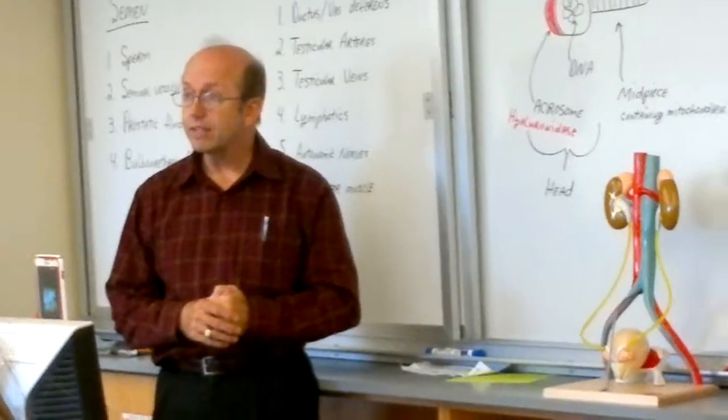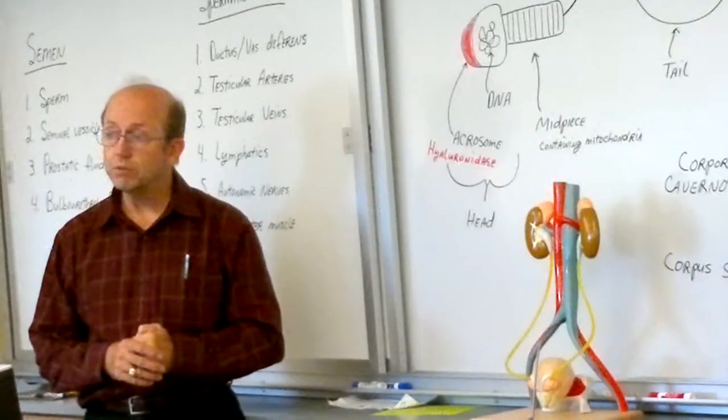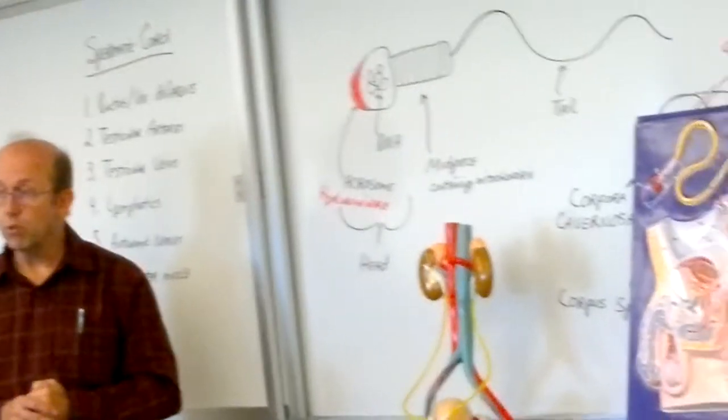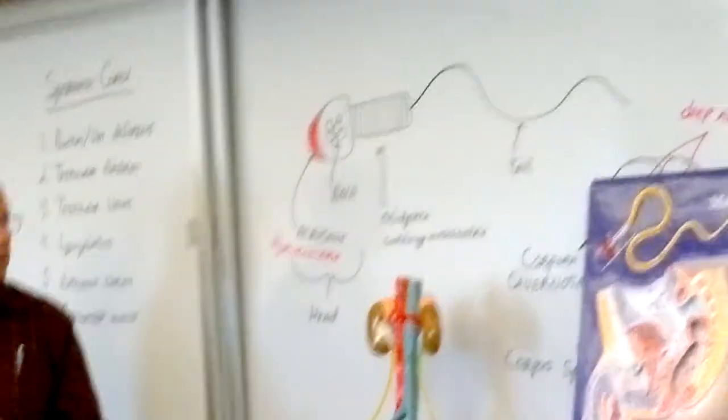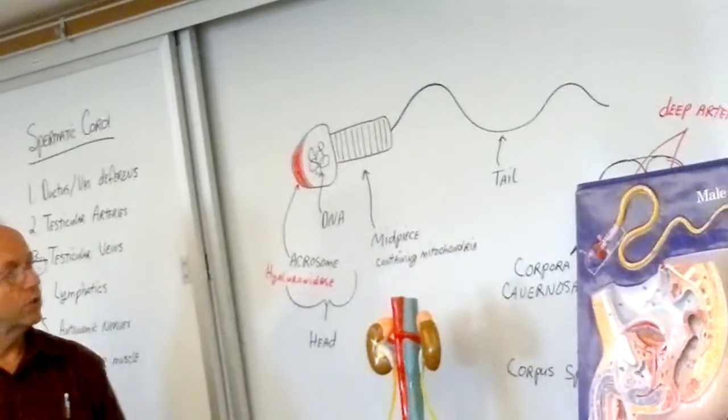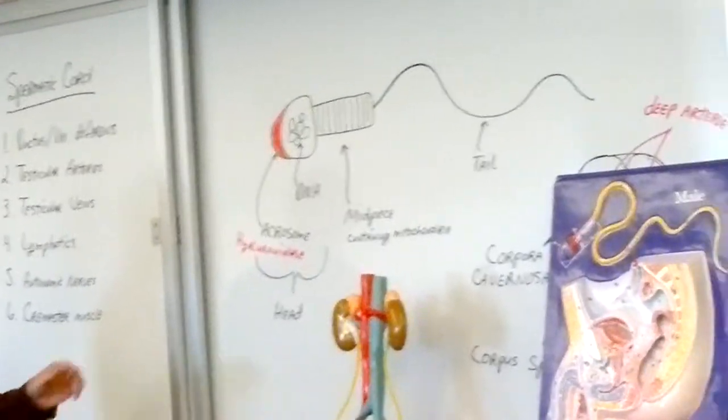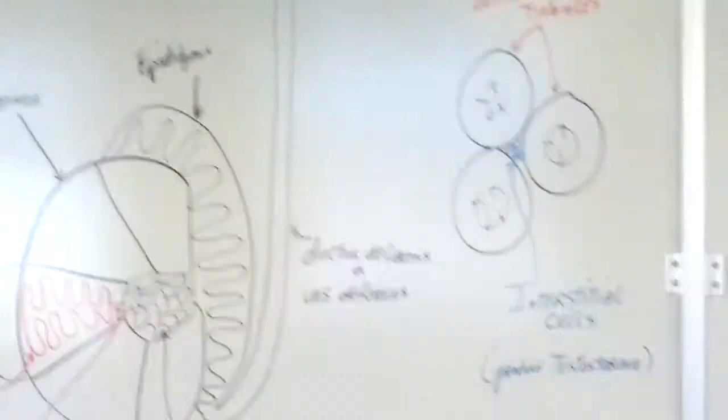That's how it fertilizes the egg. Once it gets through, the membrane pops up and no more sperm can get through. The enzyme doesn't work anymore. Any questions? I don't think I have any other drawings up here. That's all I had time to do.